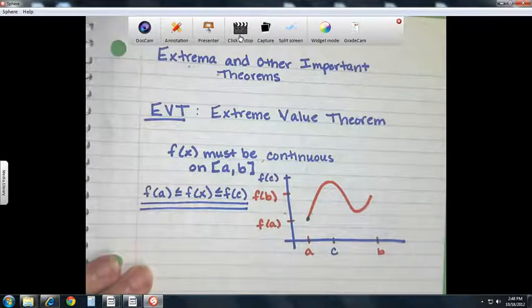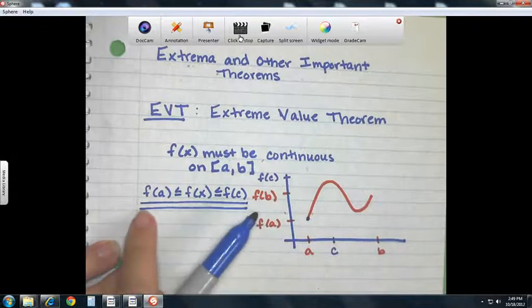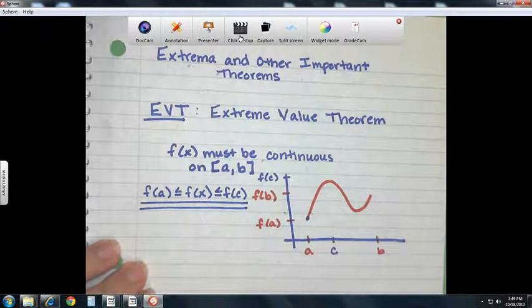But it is a continuous function. And we would just say that the absolute max is the same as the absolute min. It still has a highest and a lowest. They're just the same. Okay? That's the only reason we need the inequalities with the equals. Okay? So that is the extreme value theorem.